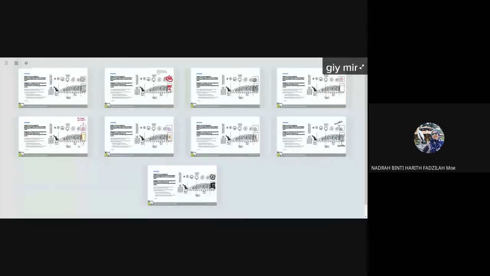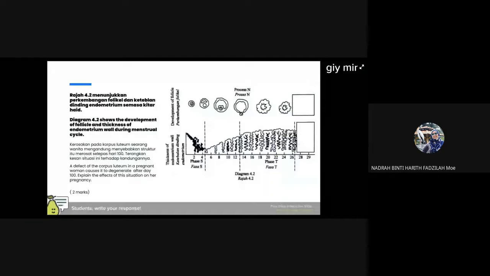Okay, soalan seterusnya ialah so tadi kita dah lukis corpus luteum kan. Due to a defect on the corpus luteum in a pregnant woman, tadi tu pregnant woman lah yang kita lukis tadi tu, pregnant woman ya. So there is a defect of the corpus luteum in a pregnant woman causes it to degenerate after day 100.